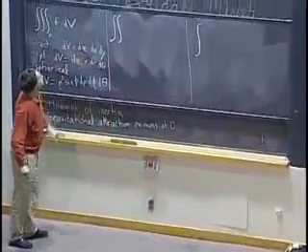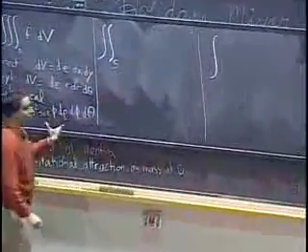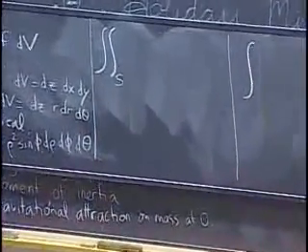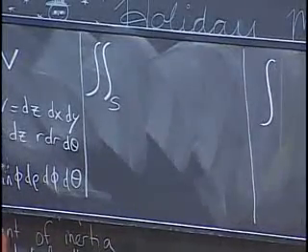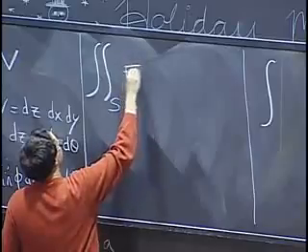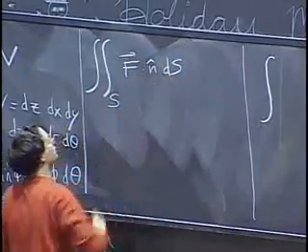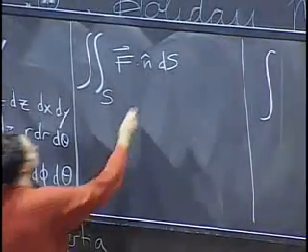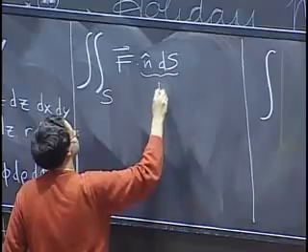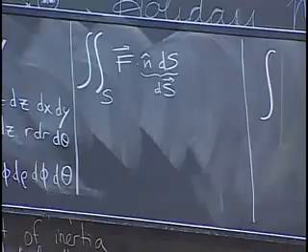Now, surface integrals. When we have a surface in space, what we will integrate on it, at least what we've seen how to integrate, is a vector field dotted with the unit normal vector times the area element. Okay, and this is sometimes called vector dS. Now, how do we evaluate that?